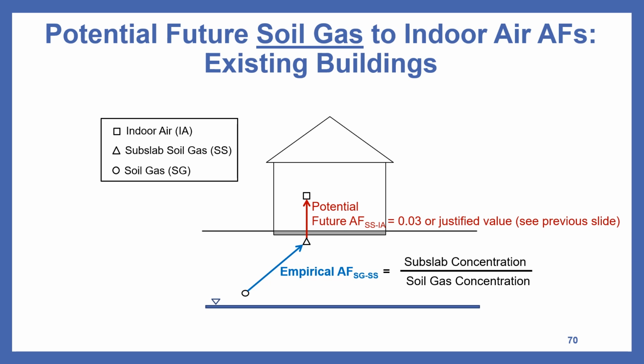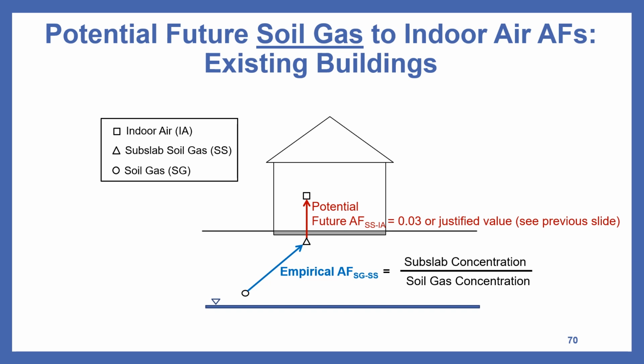And then next, we want to look at the empirical soil gas to subslab attenuation factor. So for initial screening, we assume that there's no attenuation below the building. But as you'll see when you collect the data at your site, you might have some attenuation. To get a sense of that, you can calculate the soil gas to subslab attenuation factor by dividing the subslab concentration by the soil gas concentration.